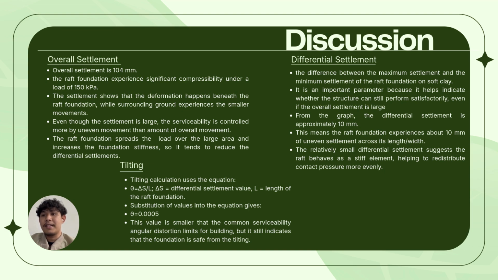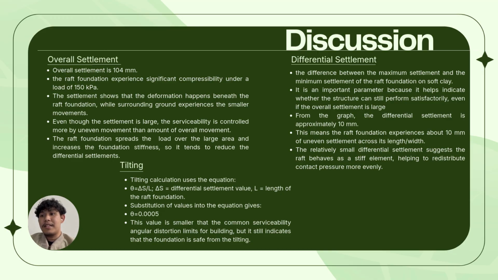the differential settlement. For the differential settlement, which is the difference between the maximum settlement and the minimum settlement of the raft foundation on soft clay, it is an important parameter because it helps indicate whether the structure can still perform satisfactorily, even if the overall settlement is large. Over the graph, the differential settlement is approximately 10 mm.